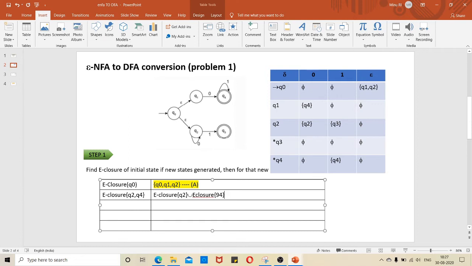From the diagram, from Q2 with epsilon it doesn't go anywhere, so it is simply Q2. Likewise, from Q4 with epsilon it doesn't go anywhere, so it is simply Q4. So the epsilon closure of Q2, Q4 is simply Q2, Q4.